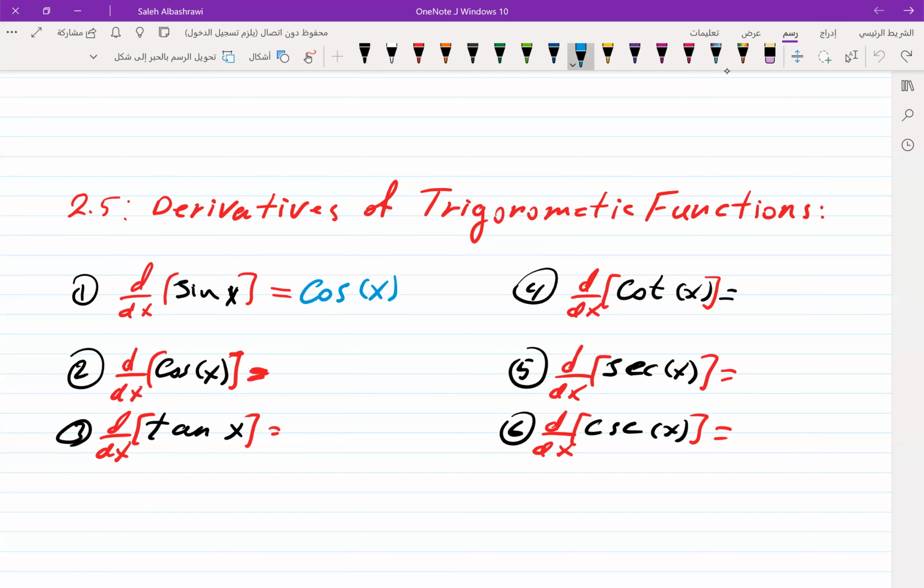I need to go with the proofs of this one. Derivative of sine is equal to cosine. Derivative of cosine is minus sine.